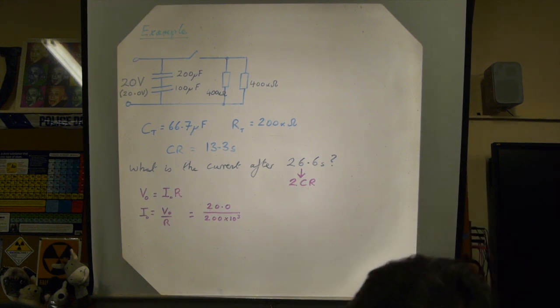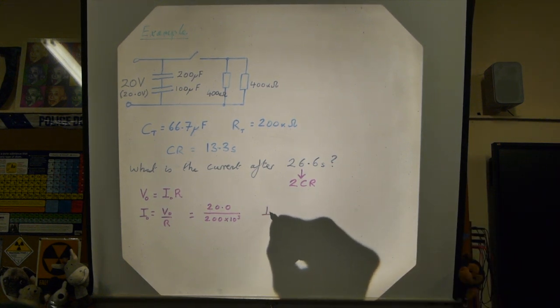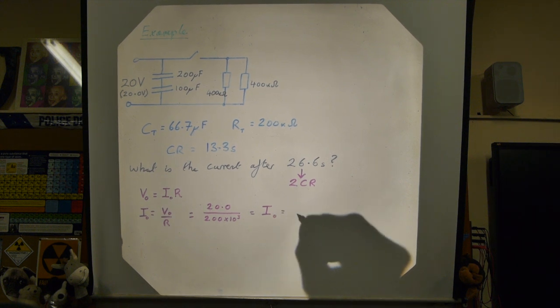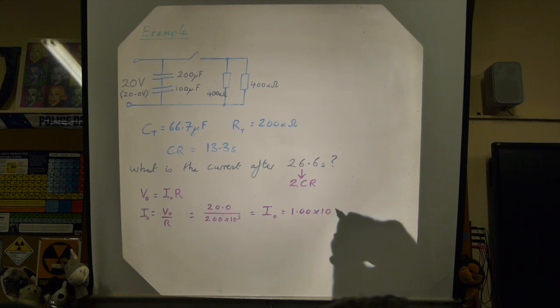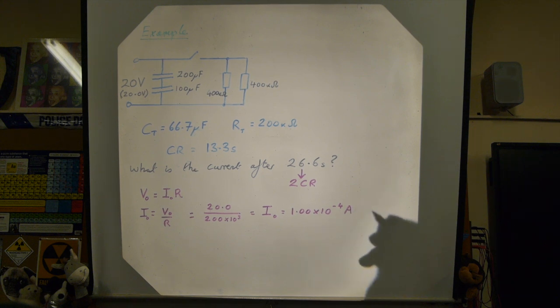And therefore the starting current will be equal to 1.00 times 10 to the minus 4 amps.